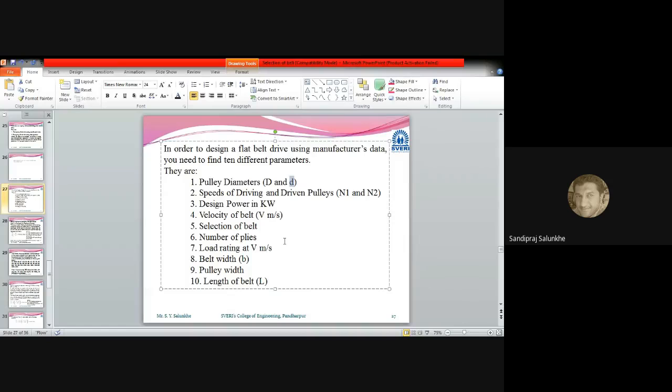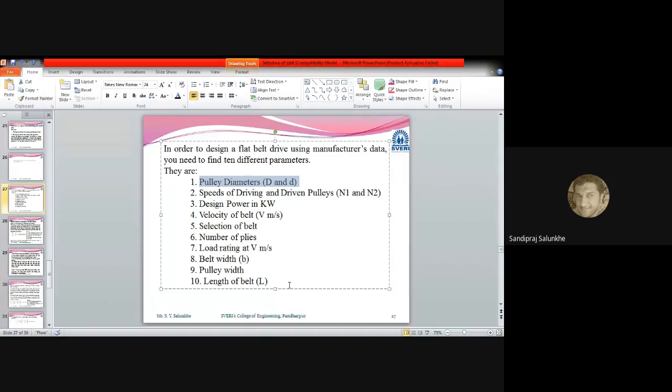As I was explaining, what are the steps which are involved in the selection of these belt drives. Out of that, first process is to find out the pulley dimensions, and it is required for the selection of the belt.